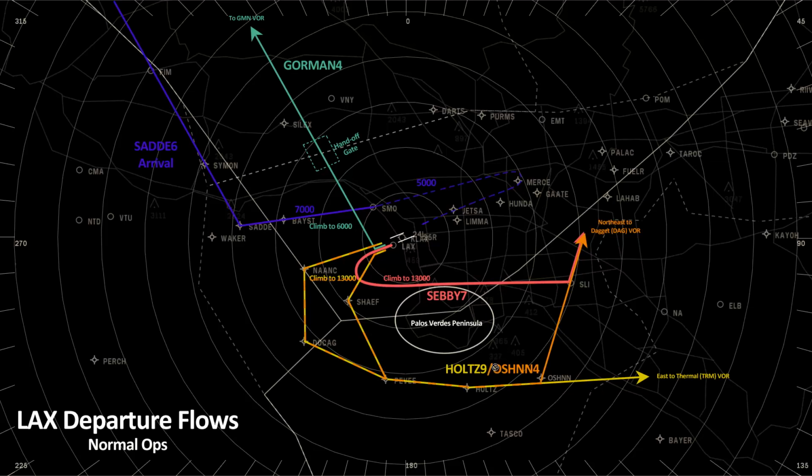A lot of very wealthy people live there, and they're all wealthy enough in aggregate that the FAA elected, rather than getting complaints from them all the time, to simply route all of the traffic departing out of LAX around the peninsula, or if they do go over it, they're high enough not to cause any noise. So if you want to keep your job as a virtual controller in the LAX TRACON, keep this restriction in mind and don't route traffic over the Palos Verdes Peninsula.